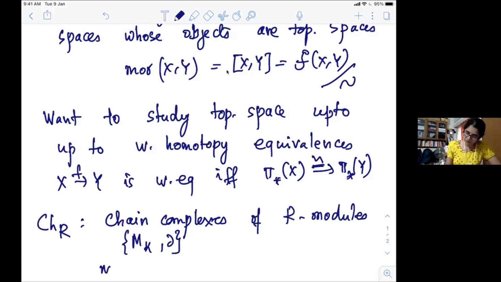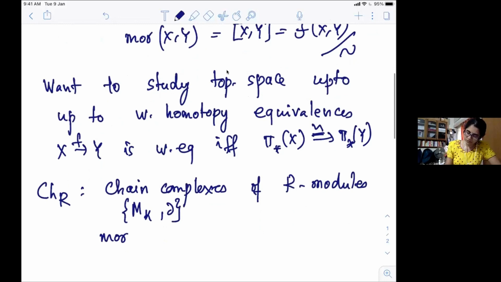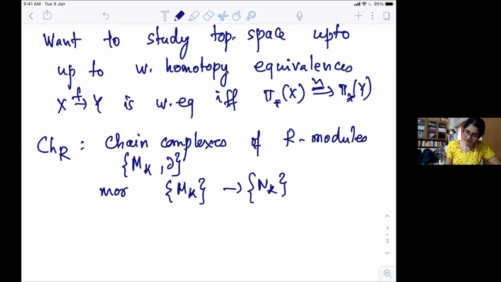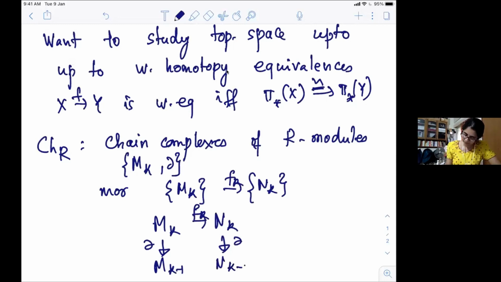And then morphisms between two such chain complexes have to commute with the differentials, right? So if these collection of morphisms f_k are there, then they have to commute. Okay. So these are my morphisms.